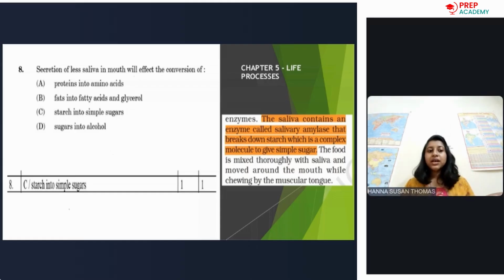The 8th question is: secretion of less saliva in mouth will affect the conversion of. Whenever you read a question in your paper, you have to first understand where this question has come from.